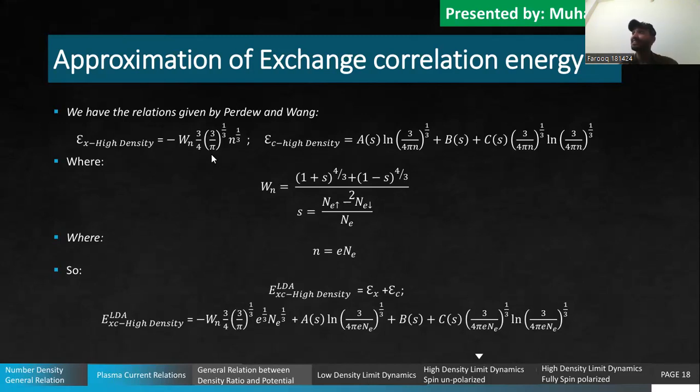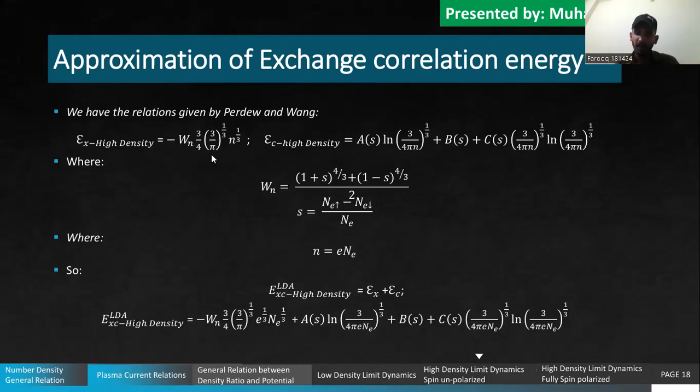So in the spin unpolarized case, we are considering that spin is not polarized to -1/2 or +1/2. It has equal spins. We have equal numbers of electrons with +1/2 and -1/2 spin. Some electrons have the +1/2 spin, and the same amount of electrons also have -1/2 spin.